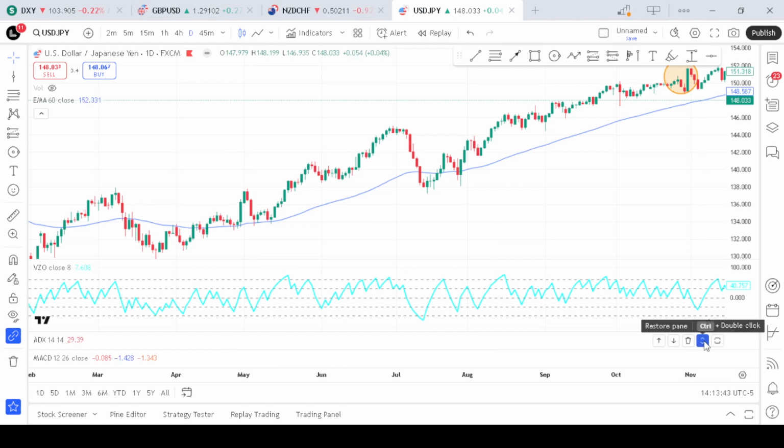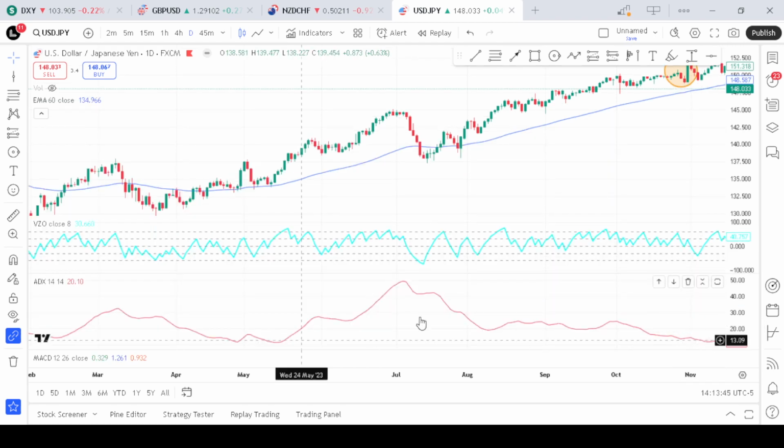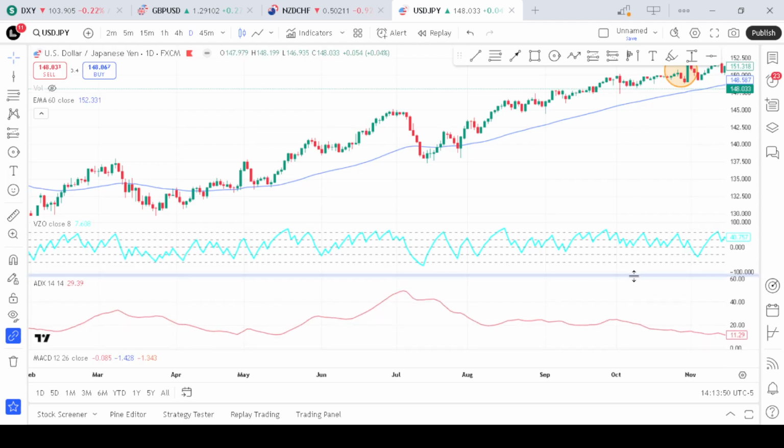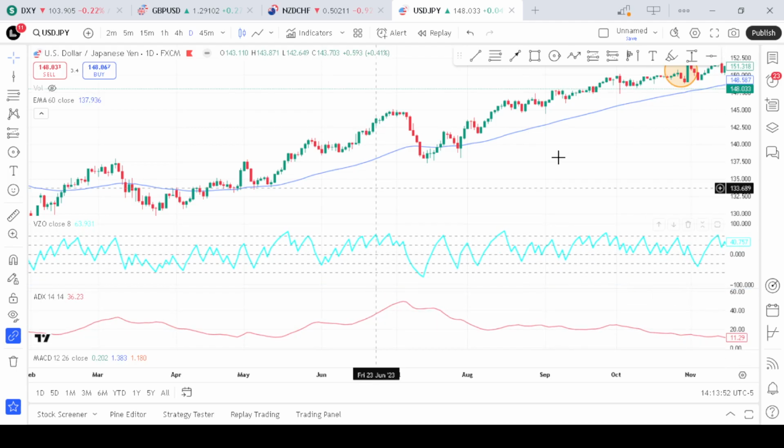These are the two indicators you need while trading with the trend.